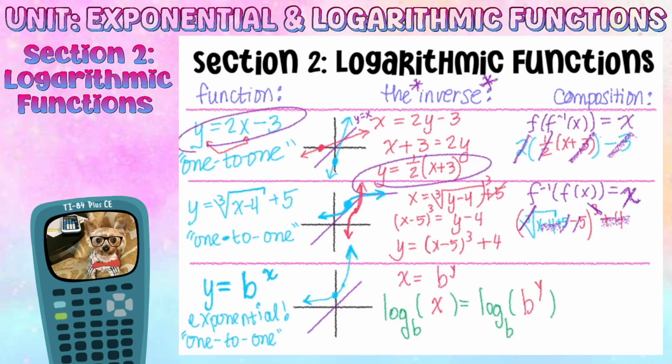And by definition, by design, the log is going to undo the exponential. So log base b and b as a base are gone in this situation. And the only thing remaining on the right hand side is a regular size, no longer teeny tiny, y. So x equals b to the y, also known as b to the y equals x.